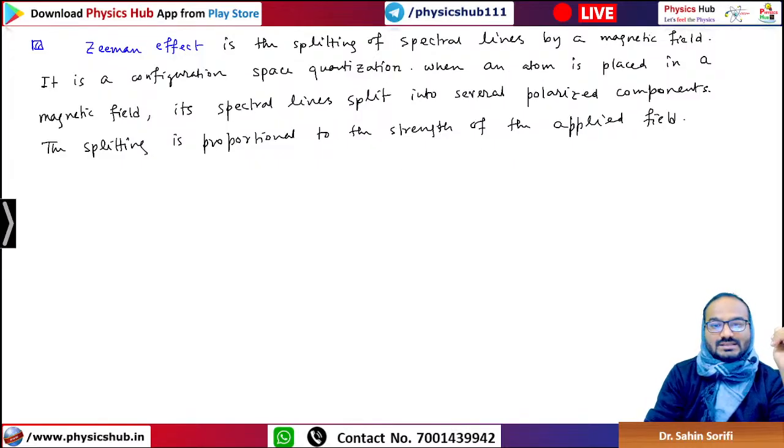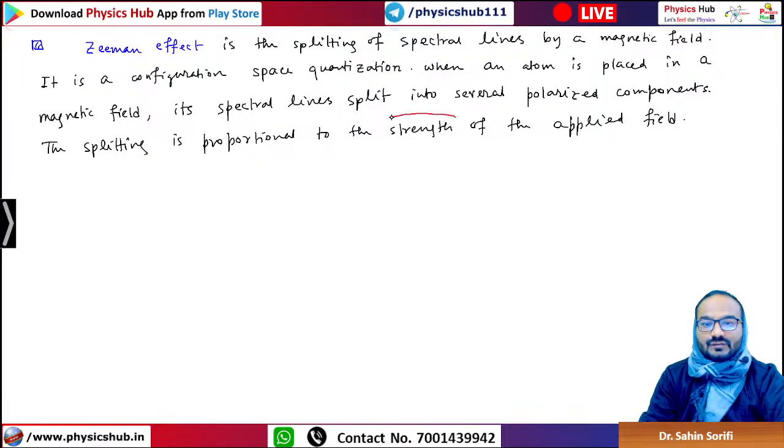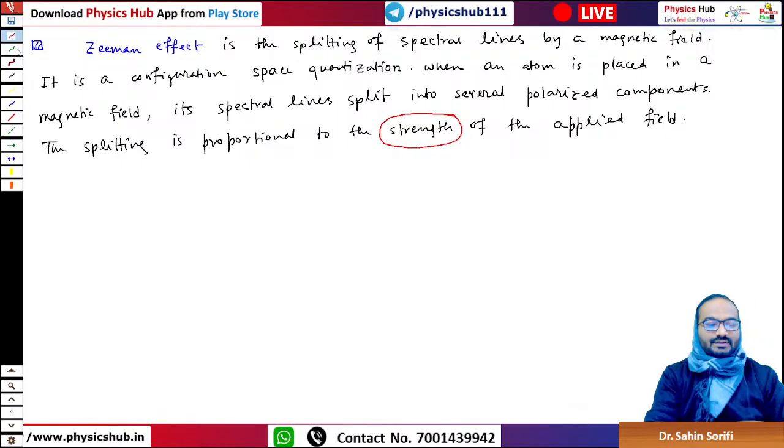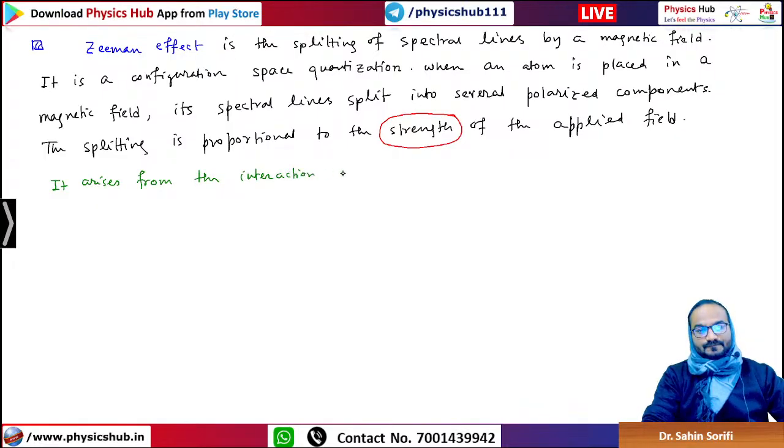Depending on the strength of the magnetic field, we got various types. So how is the Zeeman effect happening? Zeeman effect is basically the interaction between the applied magnetic field and the magnetic moment.